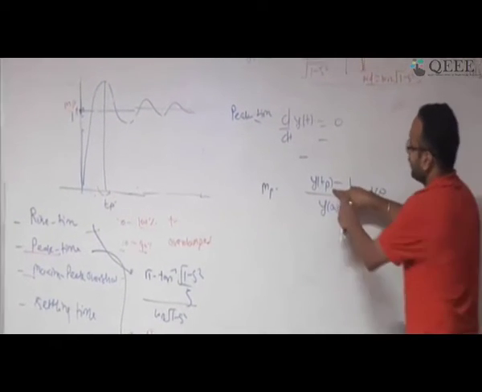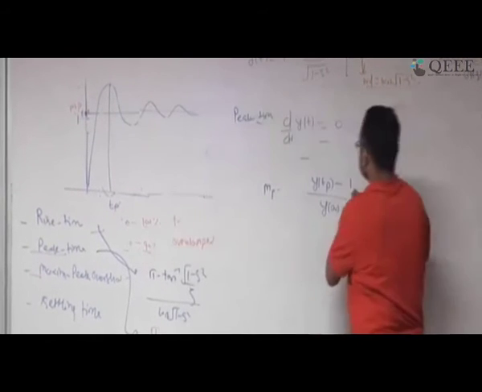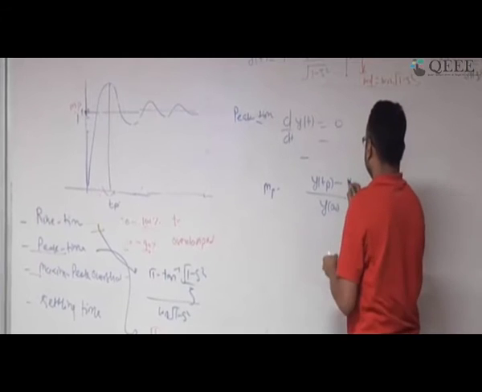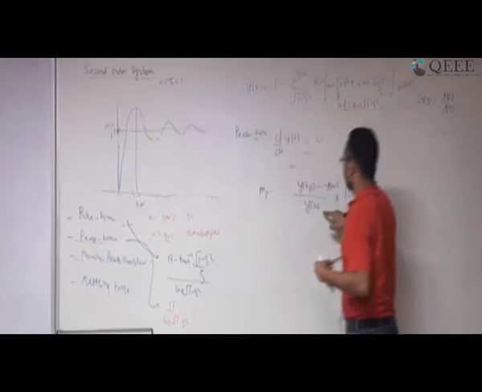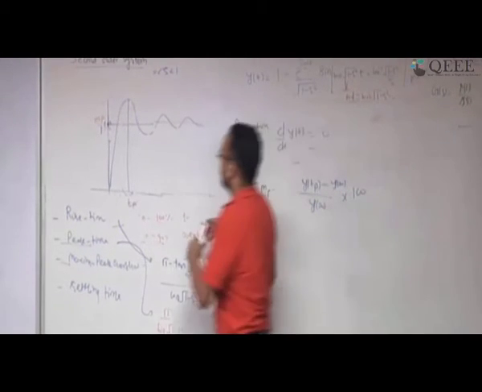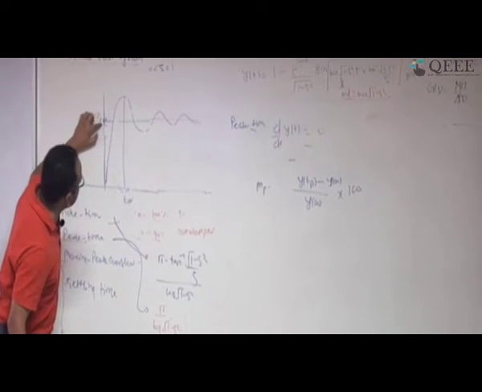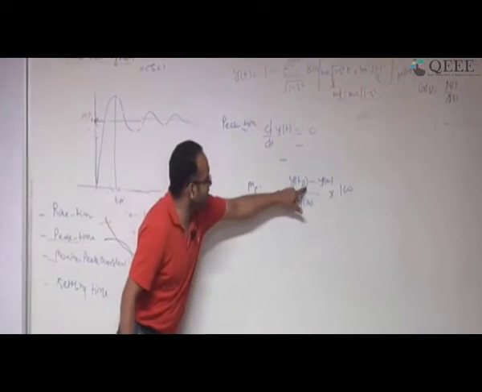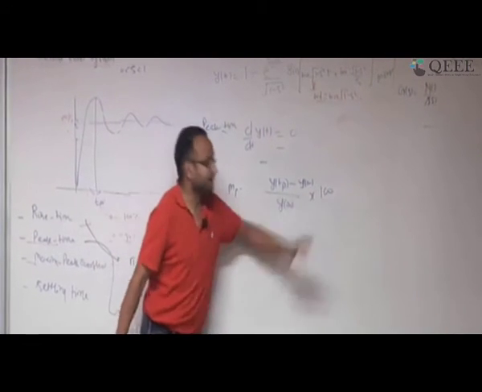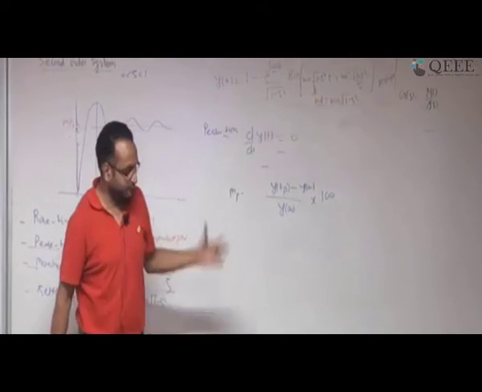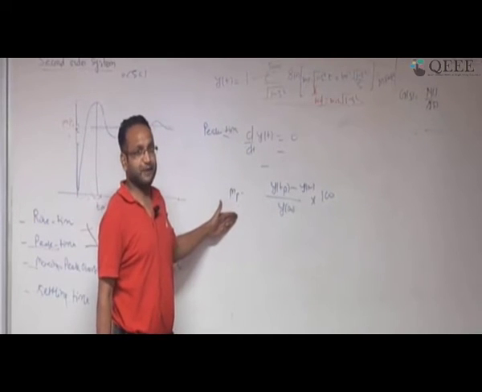It is the value of y at peak time minus y of infinity, that is the steady state value I am reaching here, divided by y infinity. So I am trying to find out how much I am overshooting with respect to this steady state value, and I write this in terms of percentage, and this is known as the maximum overshoot, MP.